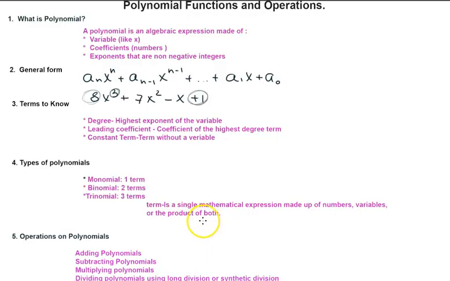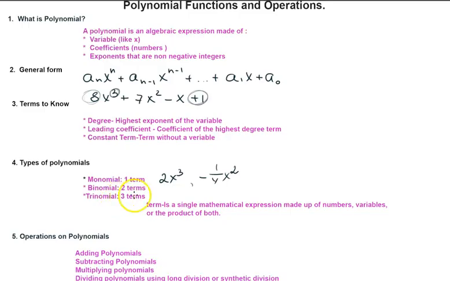Power can be involved as well, so if it's a monomial, one term, it would be something like 2x cubed. It has a number, it has a variable, it's a product of a number and a variable, and it can be raised to a power. Or let's say -1/4 x squared. This is a term as well.